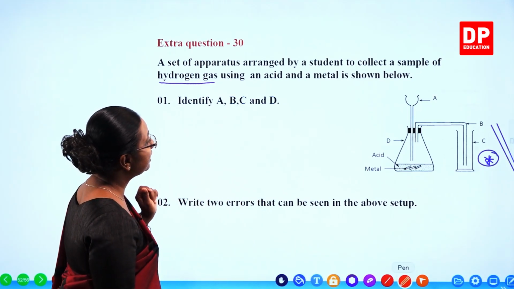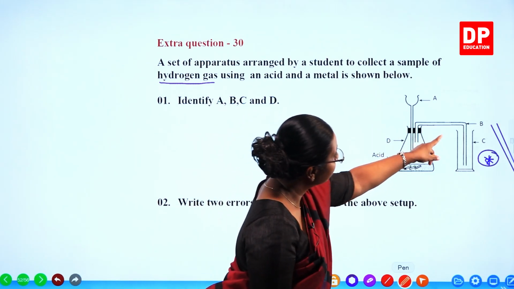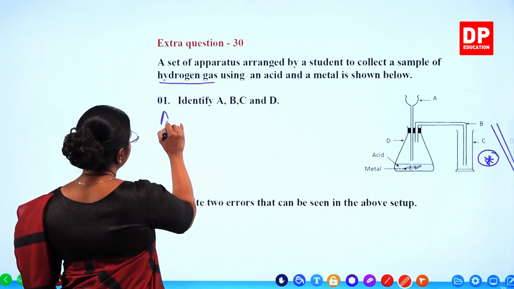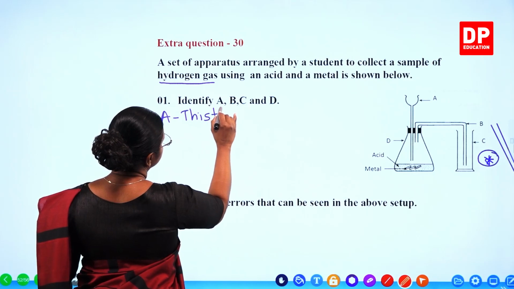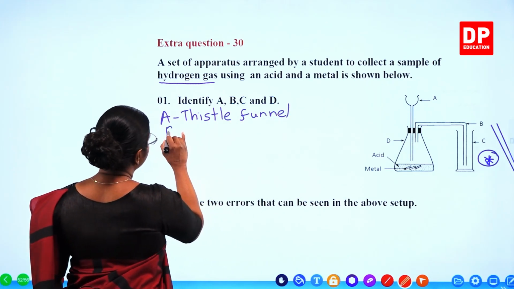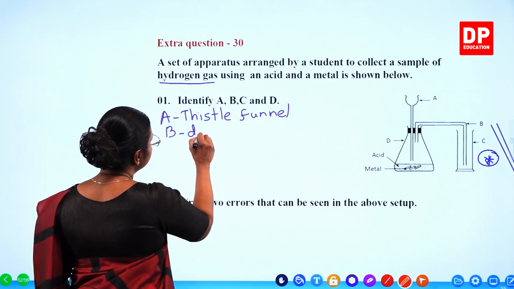First one, identify A, B and C. What is A? Thistle funnel. What is B? Delivery tube, and C? Gas jar. So A, thistle funnel, then there is B. B you can see there, students, it's the delivery tube.